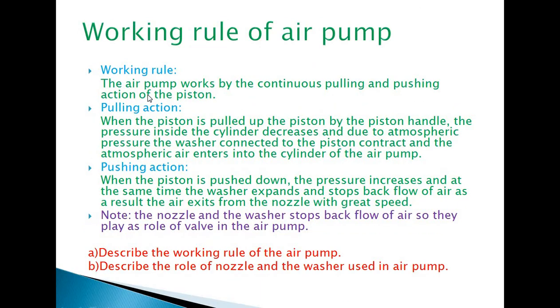Now, the working rule of the air pump I have already discussed in the diagram. Again, this is the written description. Look here. Working rule. The air pump works by the continuous pulling and pushing action of the piston. Pulling action: when the piston is pulled up by the piston handle, the pressure inside the cylinder decreases, and due to atmospheric pressure, the washer connected to the piston contracts and the atmospheric air enters into the cylinder of the air pump.